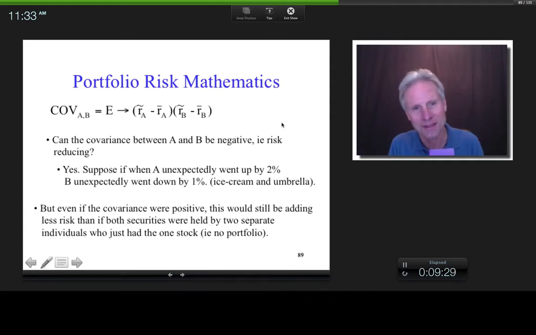It is, right? And so covariance does not have to be negative to be risk reducing. In fact, the only time where there's no diversification going on is if 2 securities are perfectly positively correlated.